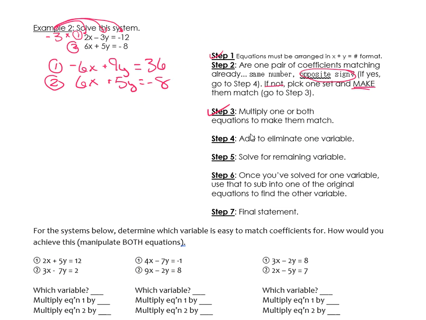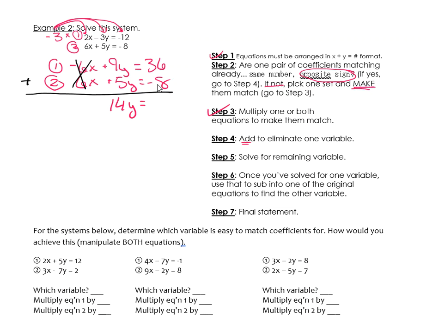Step 4: add to eliminate. So I'm going to draw a line here and add. We add down: -6x plus 6x is eliminated. It's gone, it's a 0. What about 9y plus 5y? That's 14y.